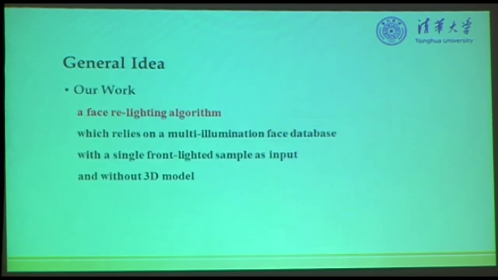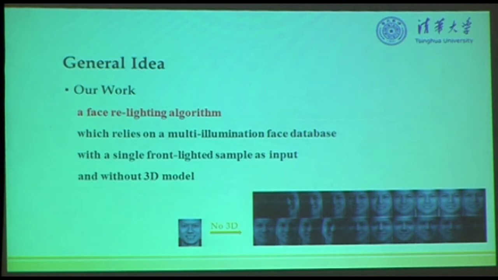So our goal is to design a face relighting algorithm which relies only on multi-illumination face databases, with only one single sample as input, and gets rid of the 3D model. Just like this.